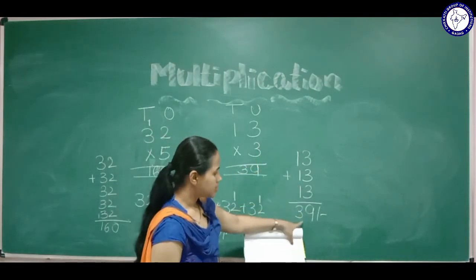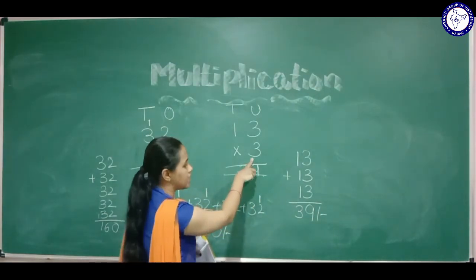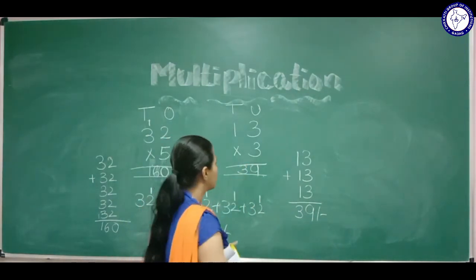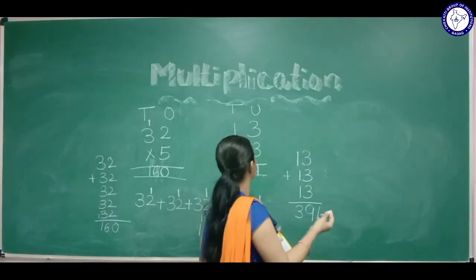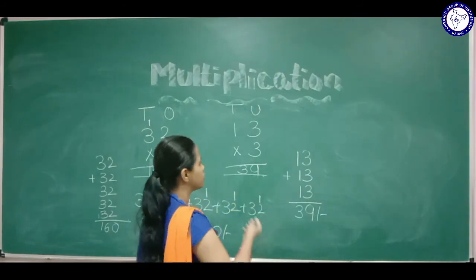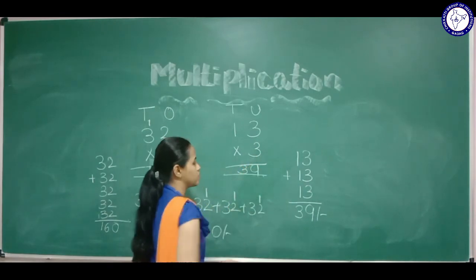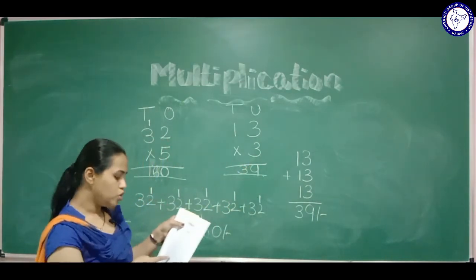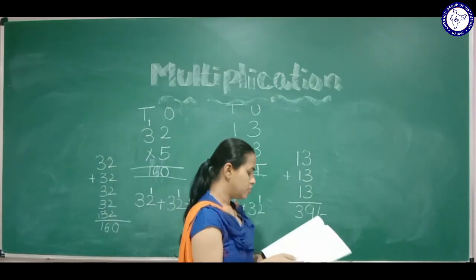If we are adding the same 13, how many times? 3 times. So it's 39. It is the same as we got here, right? So we are multiplying 13 by 3 times. Okay, so the rest too you should practice.